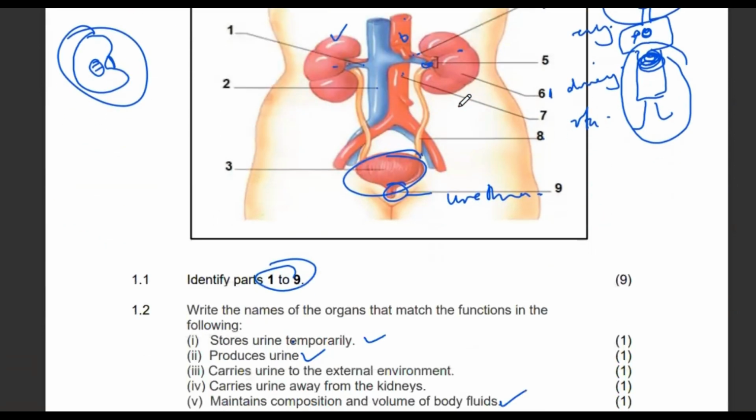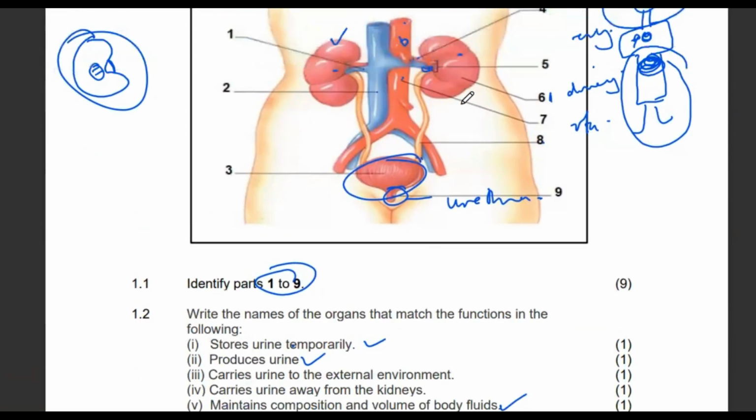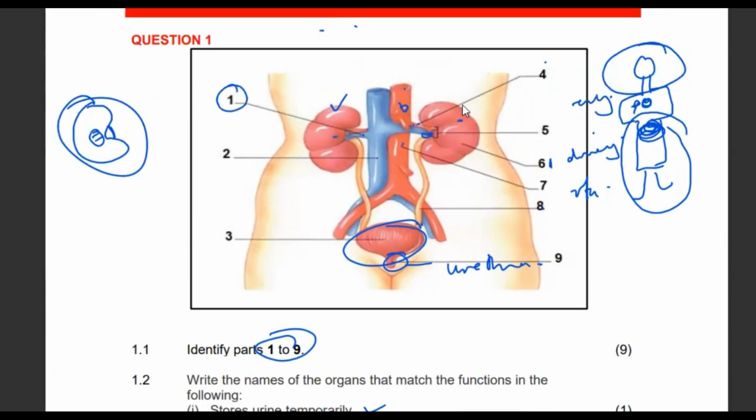So you can say that number 1 is a vein, so it takes what has been purified. It carries filtered blood from the kidney. But because the oxygen which came with this has been used up here, it carries filtered blood which is deoxygenated, and it has less wastes.